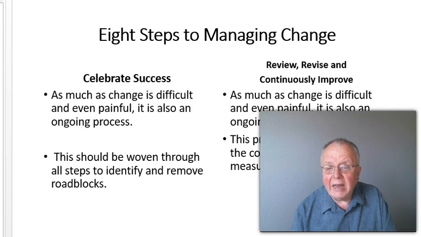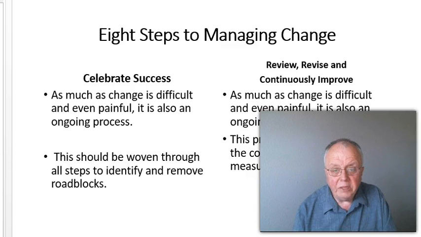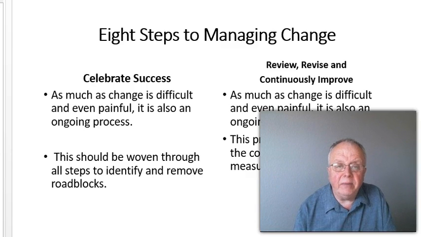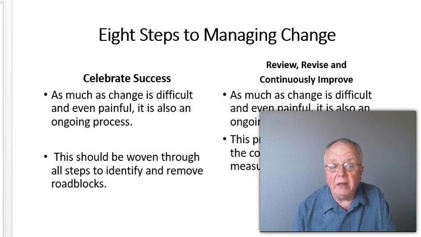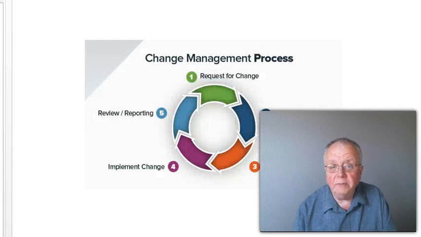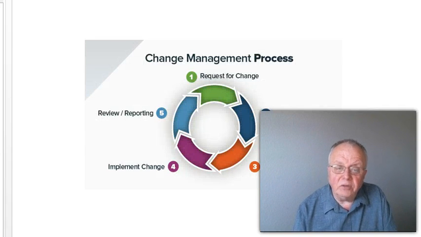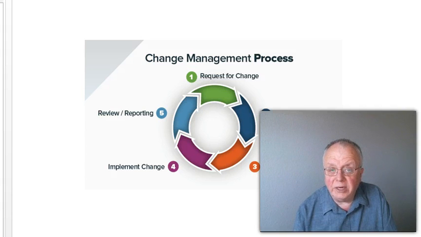Review, revise, and continually improve what you're doing. This process is only as good as the commitment to measurement and analysis, and numbers are the means by which we tell if we have succeeded or not. So look at this chart in closing and realize, first of all, we start with a request for change.